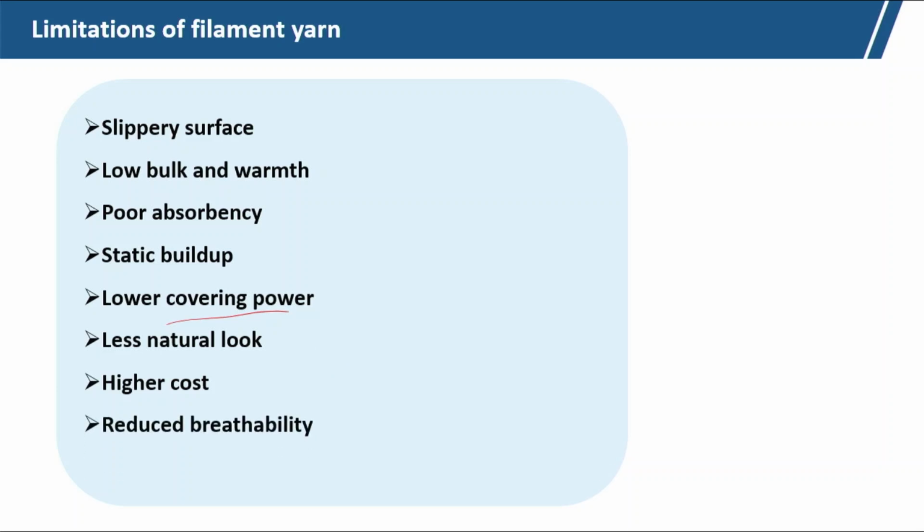It reduces breathability, as we have discussed, because of the absence of pores in the yarn. Peeling when textured. If we try to texture it, in that case peeling may take place.